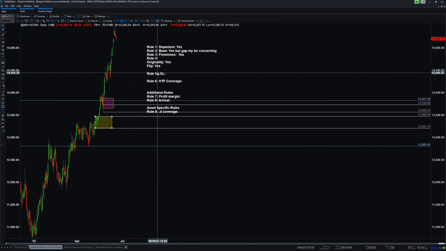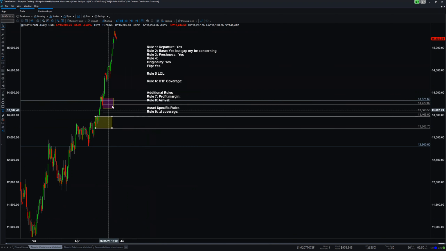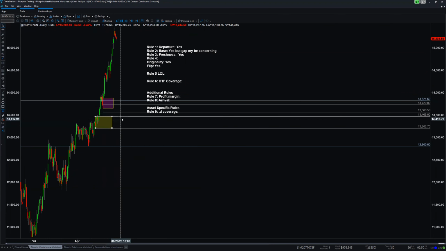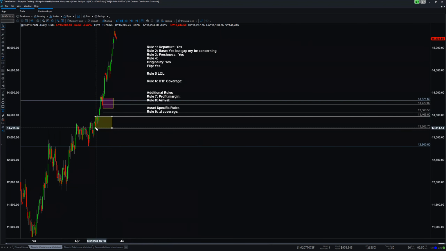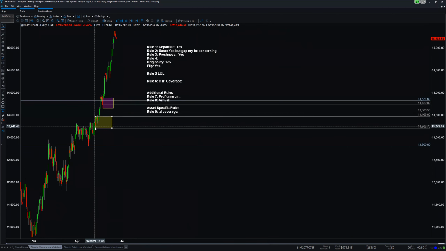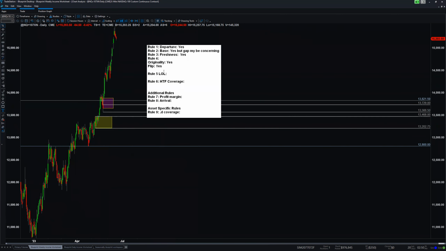My upper one already did. So because my upper one already did, when it comes to coverage, I don't care about all this stuff anymore. I'm just looking for coverage. That's what I do. So here I have clearly a rally, base, rally. So do I have a level on top of level? Yes.